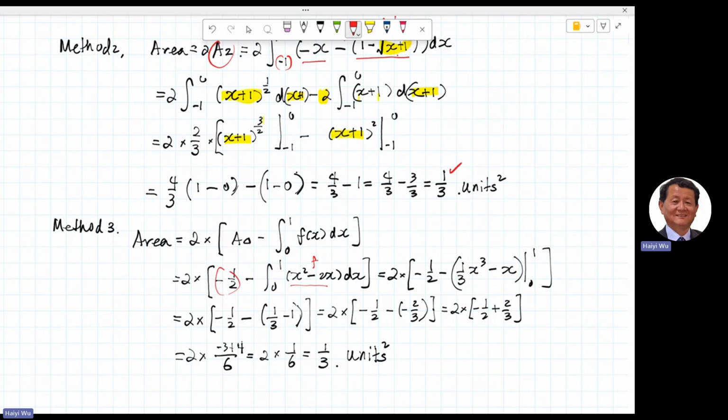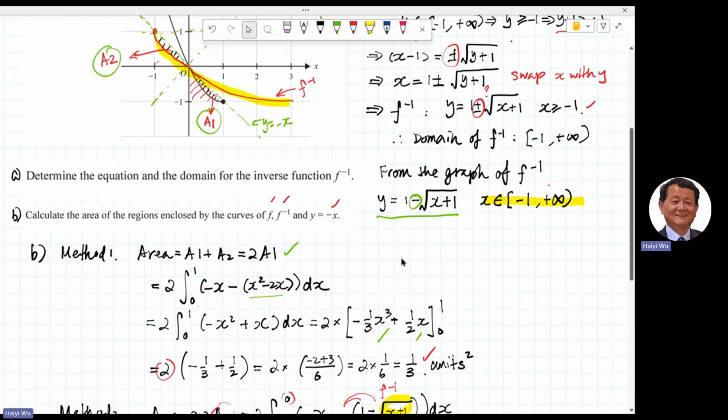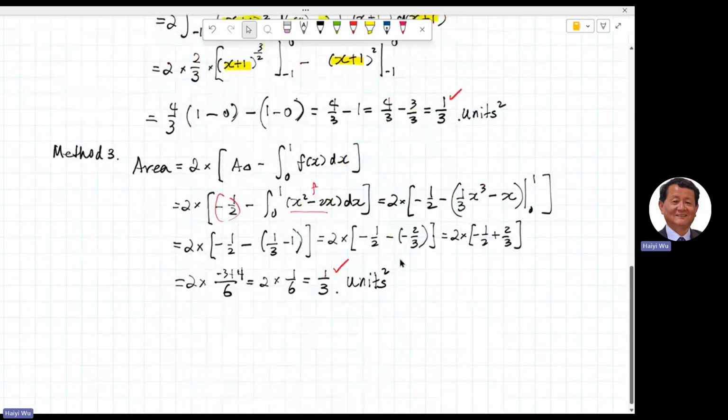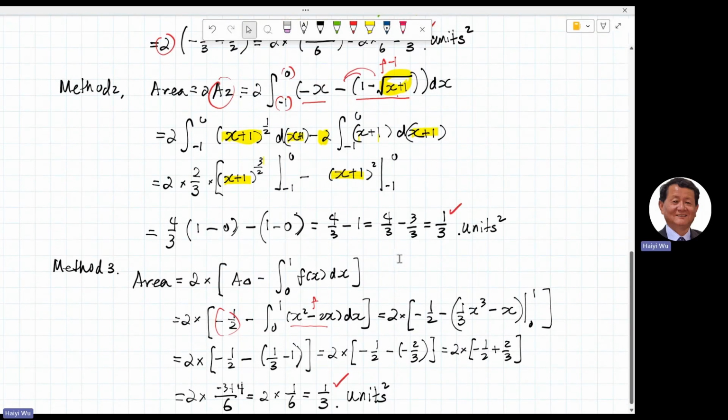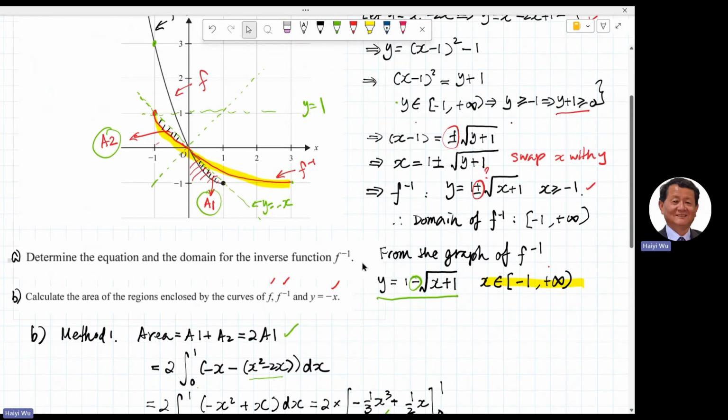Then you can achieve the same goal: integration, simplification, substitution, and you achieve the same result as well. I think the first method is probably the best. Method number 1 is the simplest. But it's good to know all of these, where we can solve one question in different methods.